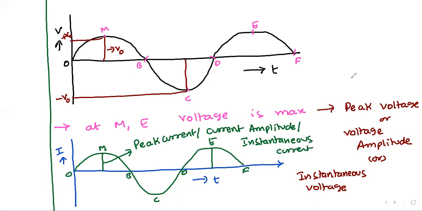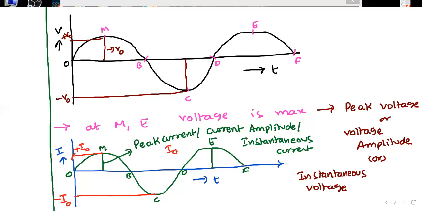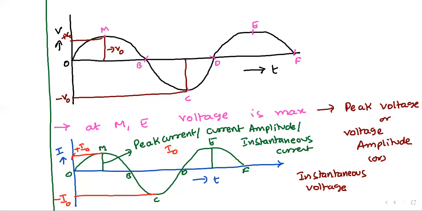Even at the bottom in the negative half cycle, it is minus I naught. Here it is plus I naught. Peak current will be indicated with either capital letter I or small letter i. No problem.